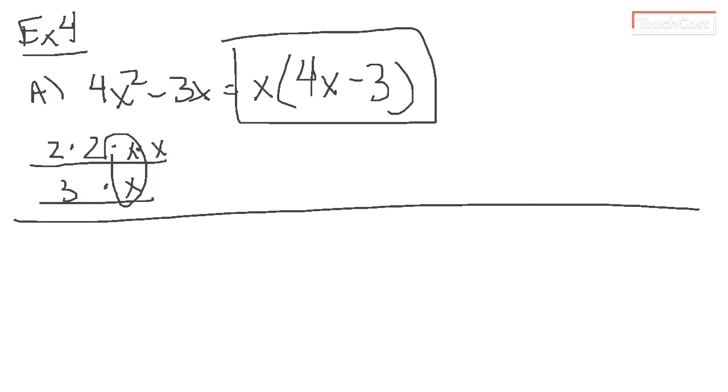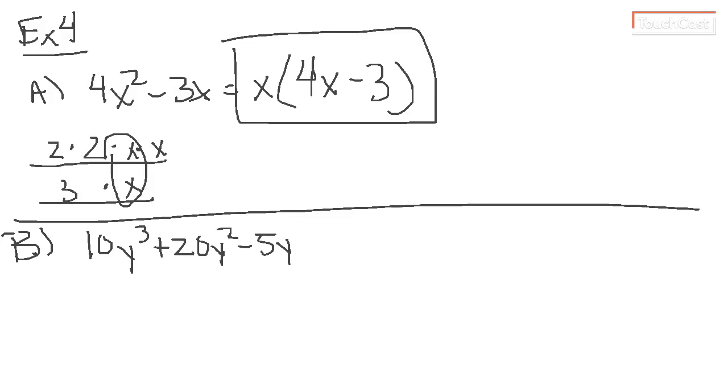Let's look at 4b. We're going to factor 10y cubed plus 20y squared minus 5y. We're going to do the same thing we did in A, but now we've got 3 terms.